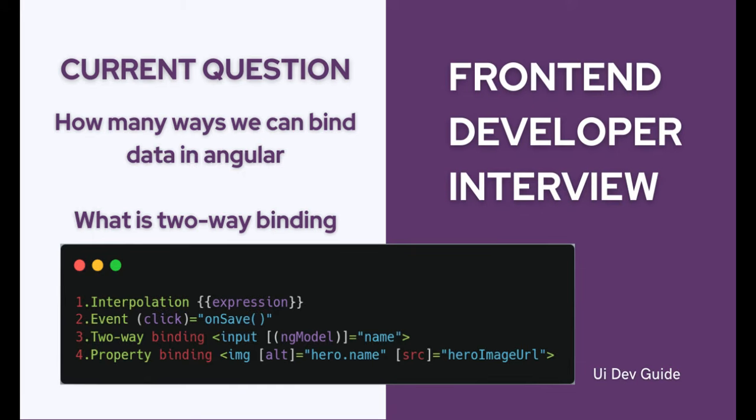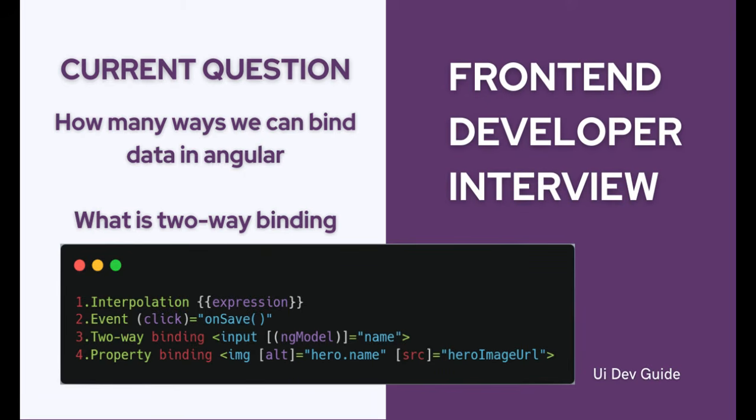How can we bind data in Angular? We can bind data in two types of binding, and one type of binding is just for event binding, like click event or mouse over event.